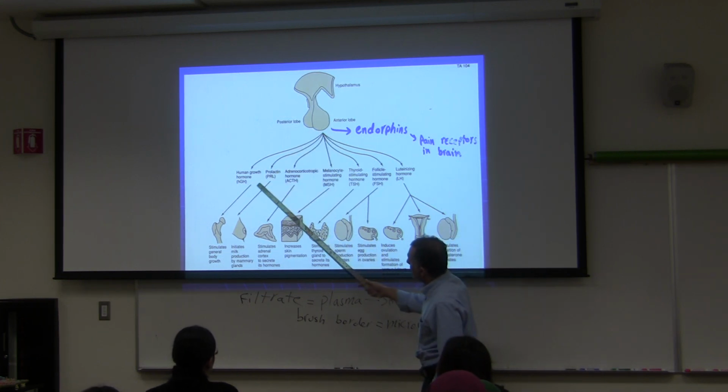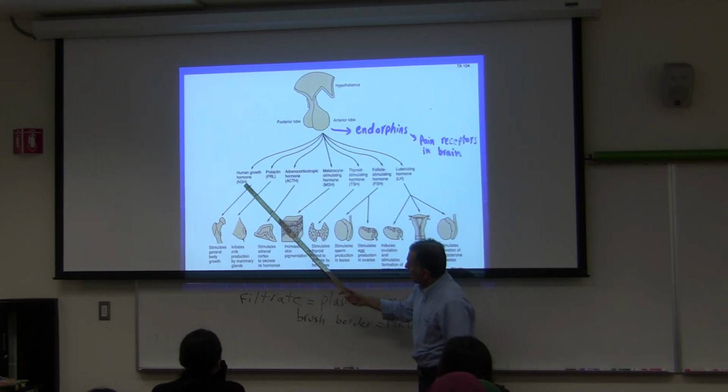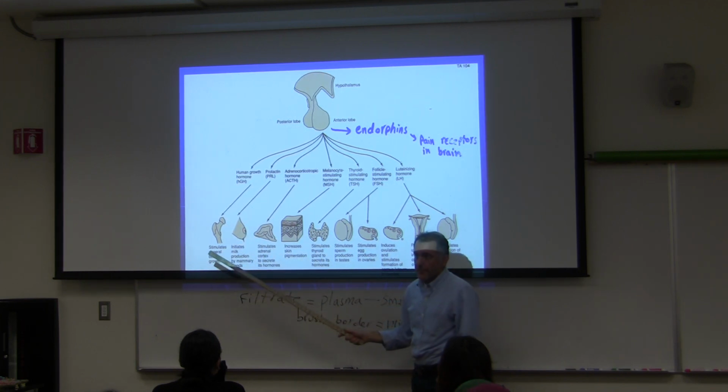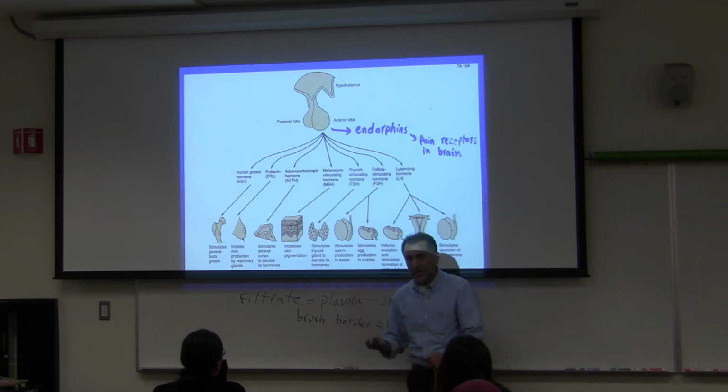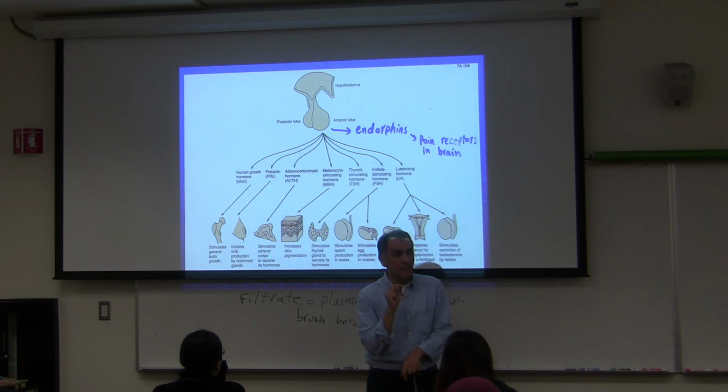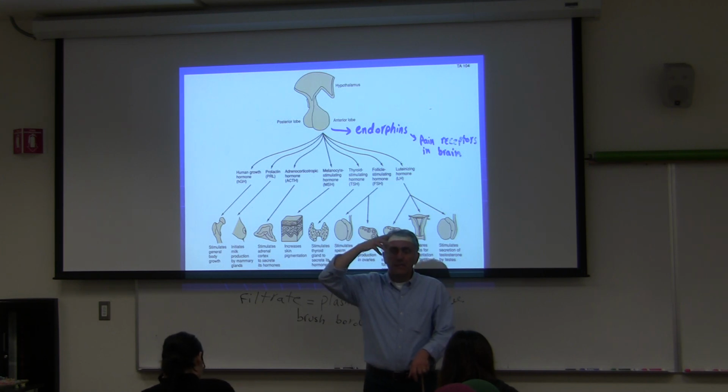The growth hormone right here is responsible for stimulating general body growth. This hormone is in you guys, and of course in little kids. It's secreted a lot during the night when you sleep. There's a peak of this hormone. The growth hormone maintains your body.